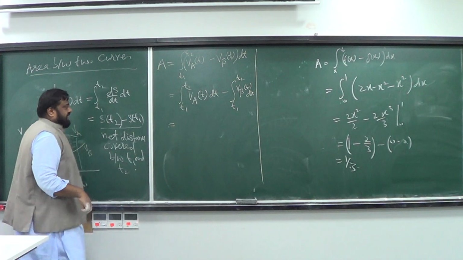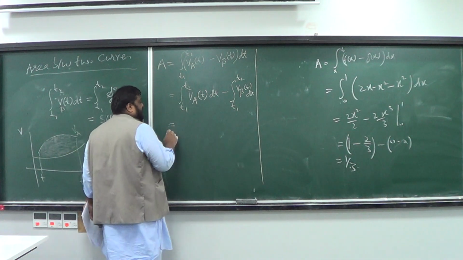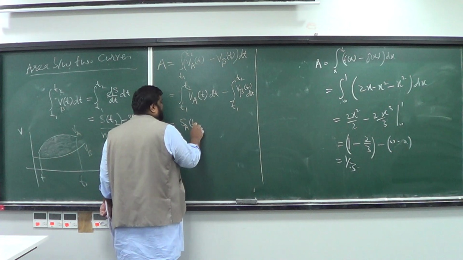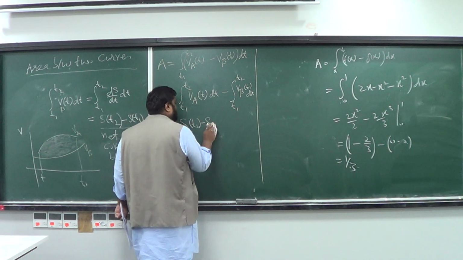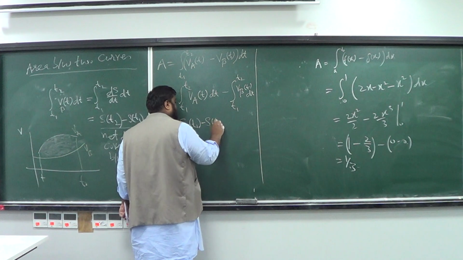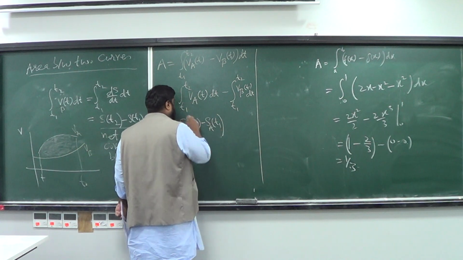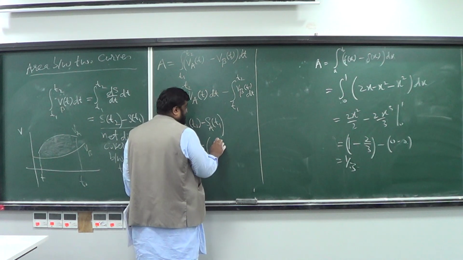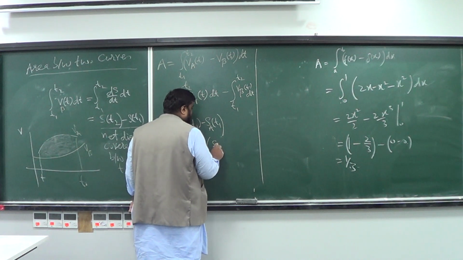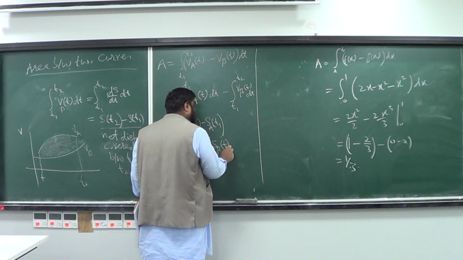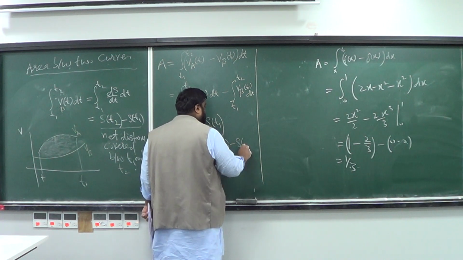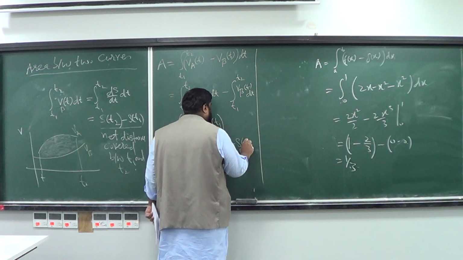And by this interpretation, this is going to tell me the net displacement of vehicle A between the instants T1 and T2, minus the net displacement of vehicle B between the instants T1 and T2.